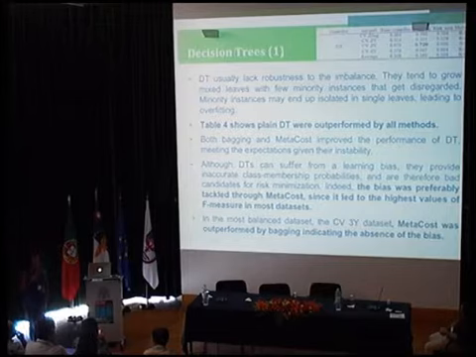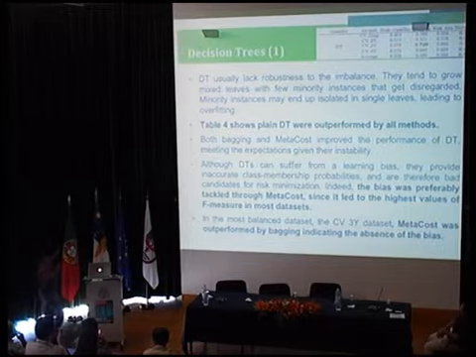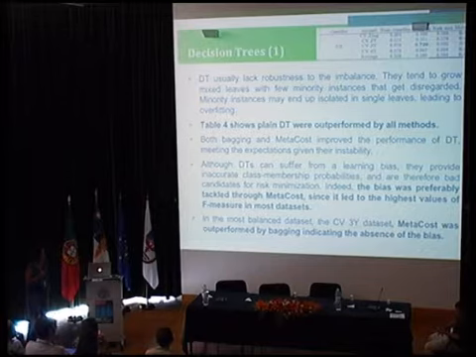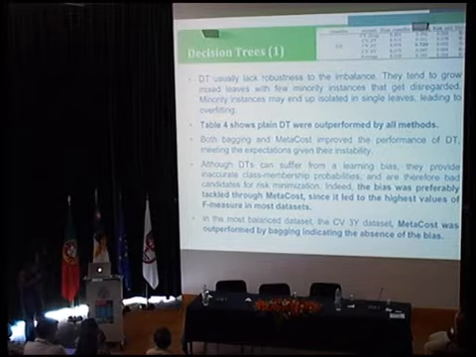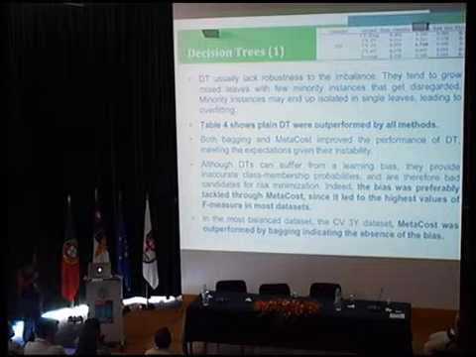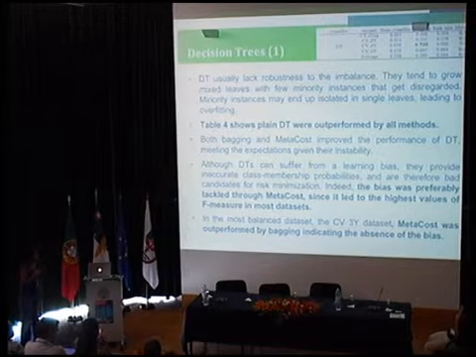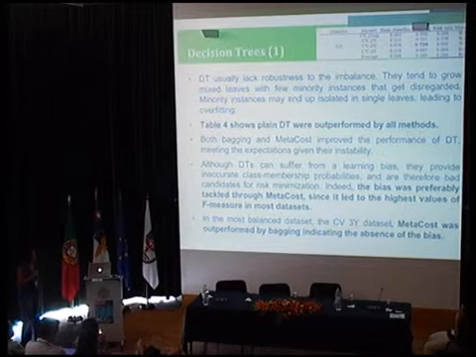So if we use imbalanced learning algorithms with decision trees, the results will always be better than if we don't use them at all. And also, the learning bias that decision trees usually suffer from is preferably tackled through MetaCost, since it led to the highest values of F measure in most data sets.